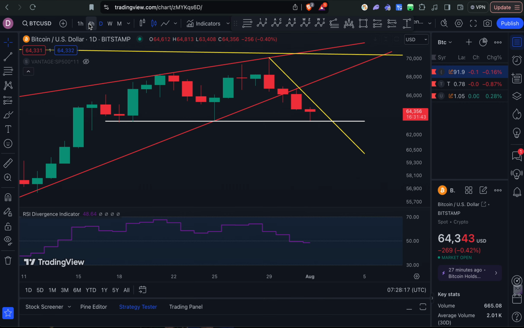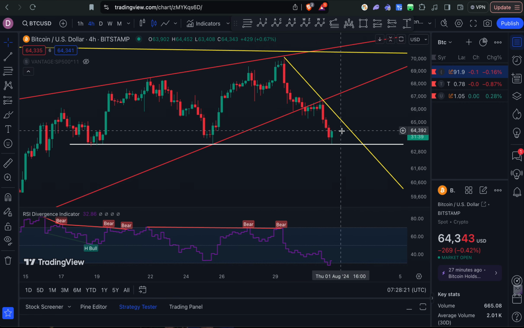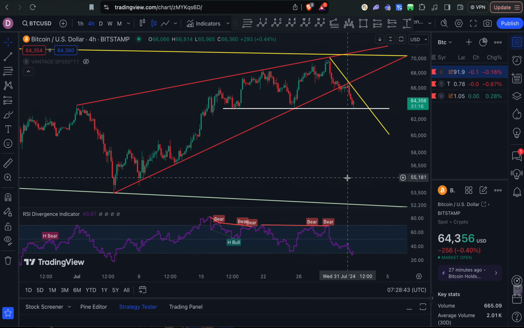But for now, we basically need to see where the price goes here. So my idea is to basically short Bitcoin once again. My short has now been closed, which I opened roughly at 66K, and 64K was my target. Now, if or when we touch the yellow line here, that would be the area to short Bitcoin once again, and then go to the next target.